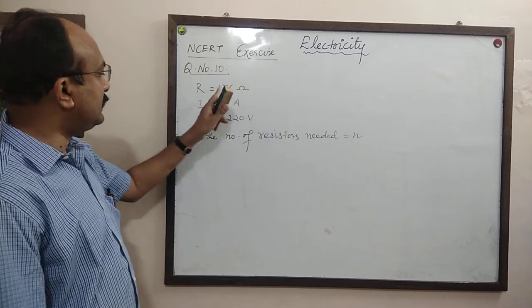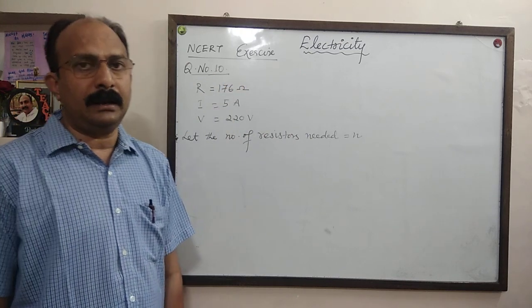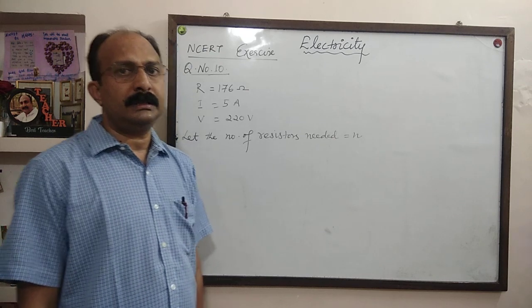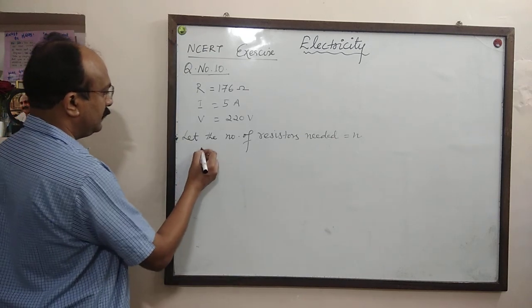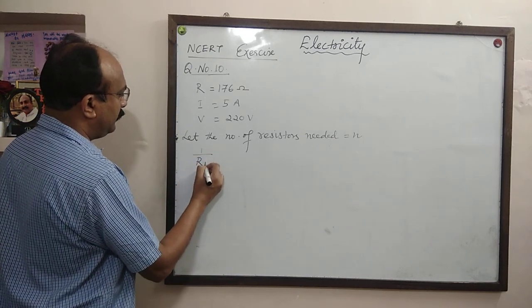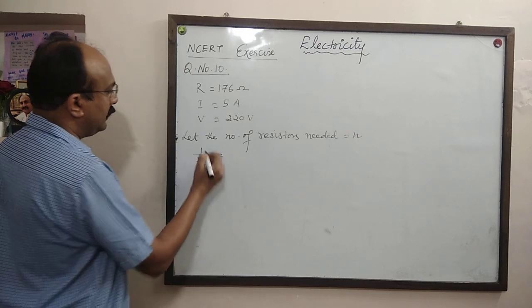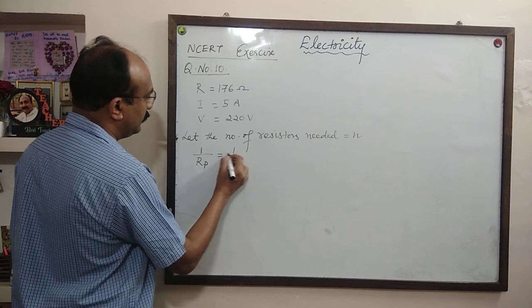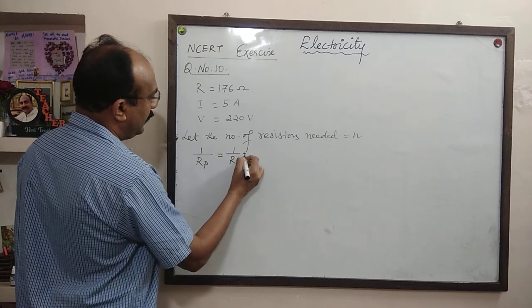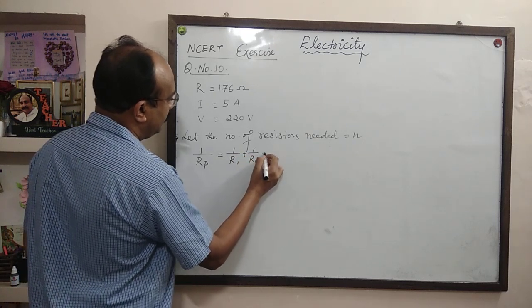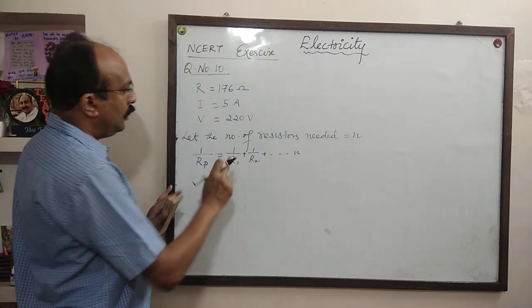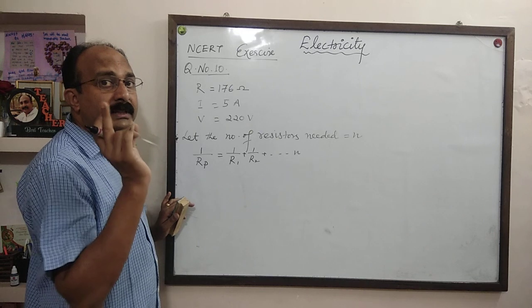If N such resistors are connected in parallel, what will be its equivalent resistance? That is Rp. So, use the formula. We are going to calculate Rp of N resistors. 1 upon Rp equal to 1 upon R1 plus 1 upon R2 plus 1 upon R3 up to N. And remember, all these R's are having the same value.